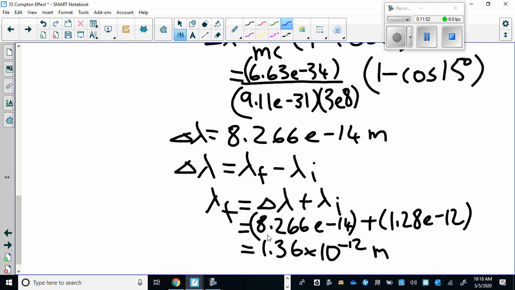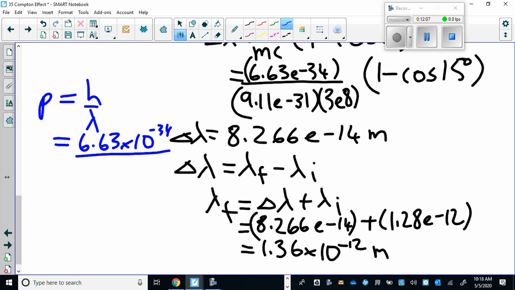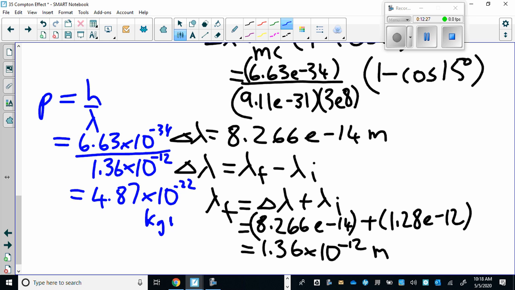And from that, now that we have the wavelength of the scattered ray, we can calculate the momentum of the scattered ray. The momentum of the scattered ray is going to be this, divided by the wavelength, 10 to the negative 12, and that gives us a momentum of 4.87 times 10 to the negative 22 kilograms meters per second.